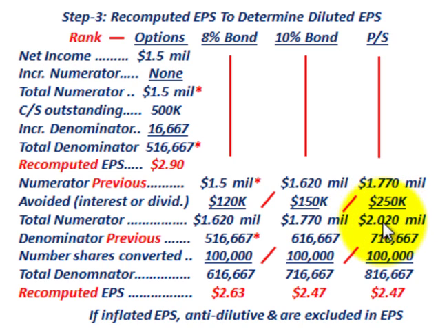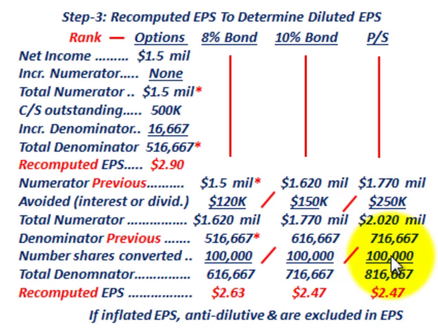Then we take the previous denominator, $716,667 from our 10% bond, and add the number of shares converted, that's the change in our denominator for the preferred stock. Let's just say 100,000 again, and we come up with our total denominator of 816,667 shares.